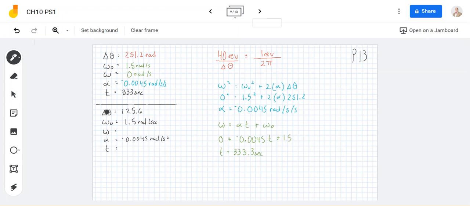So we need an equation that has omega naught, delta theta, omega, alpha, and t. And we can use this one. Standard kinematic equation. We know everything but the time, so let's plug it in.